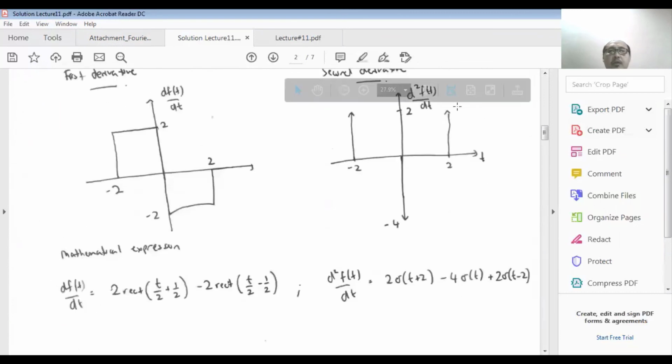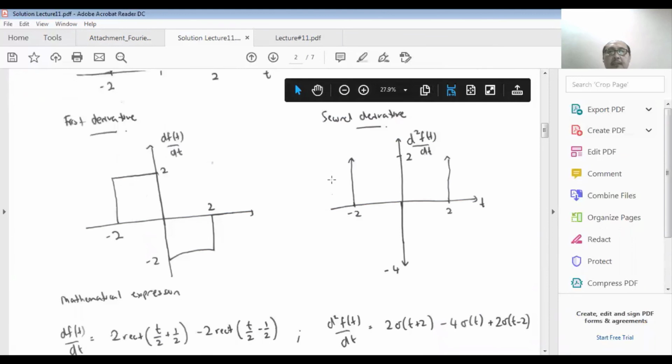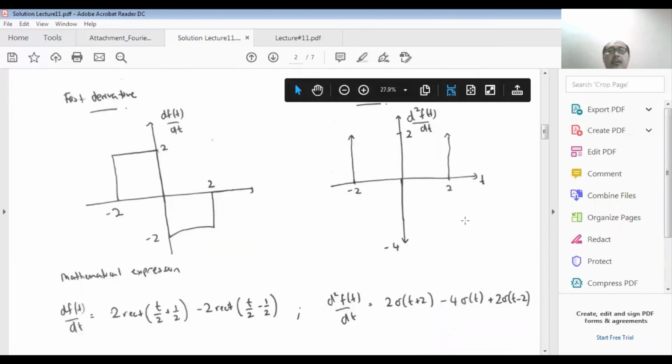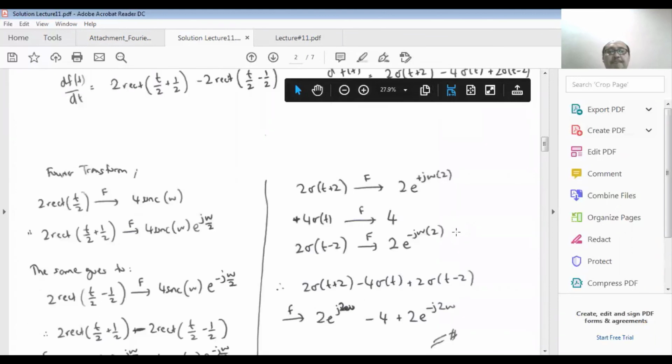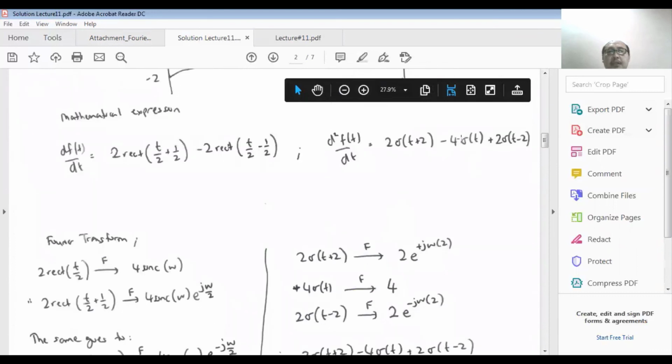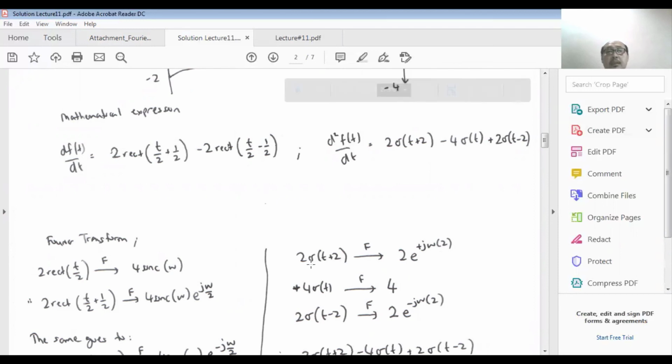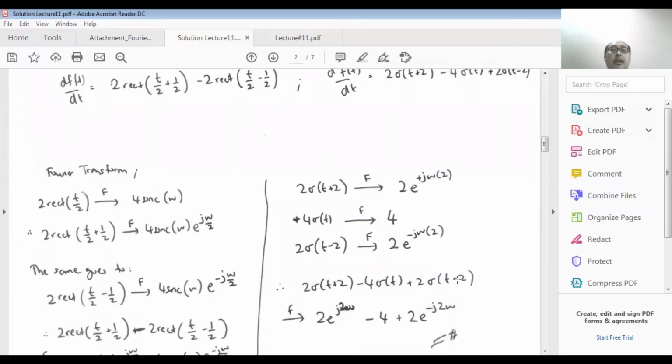So the same goes for the second order differentiation here, where the expression mathematically is given by this. So simply by using the table, we are supposed to get 2 delta function t plus 2, so we're going to get 2 exponential of j omega times 2. And for 4 delta t, it should be equal to 4.